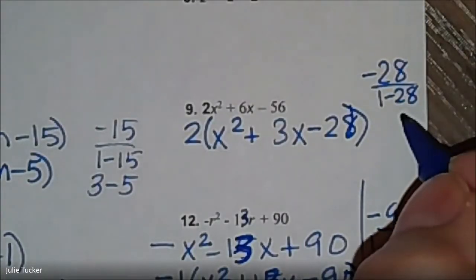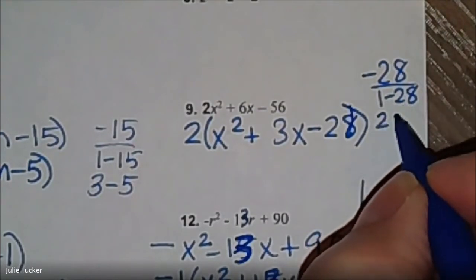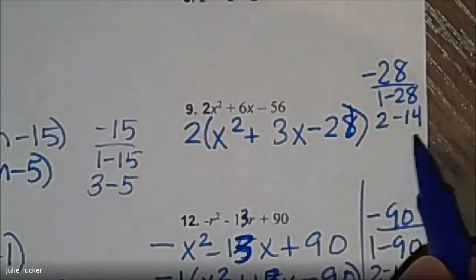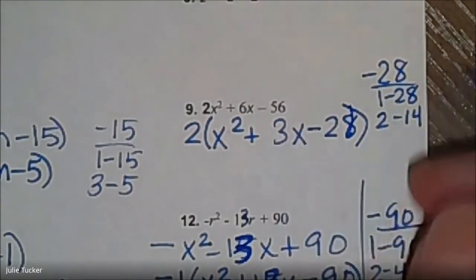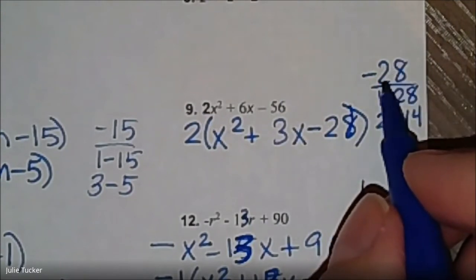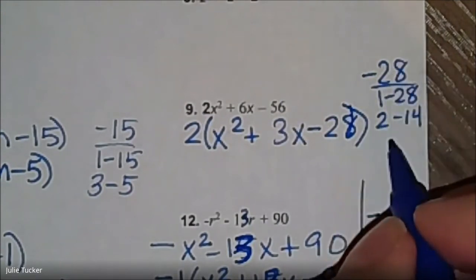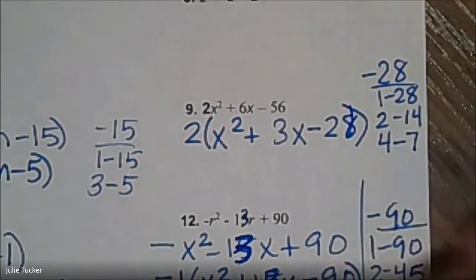So 1 minus 28 is not the right one. The next thing to try is 2. 2 minus 14 would be just 12. So that's not it. It does not divide by 3, but it divides by 4. 4 into 28 is 7. 4 minus 7 would be negative 3, not positive 3.